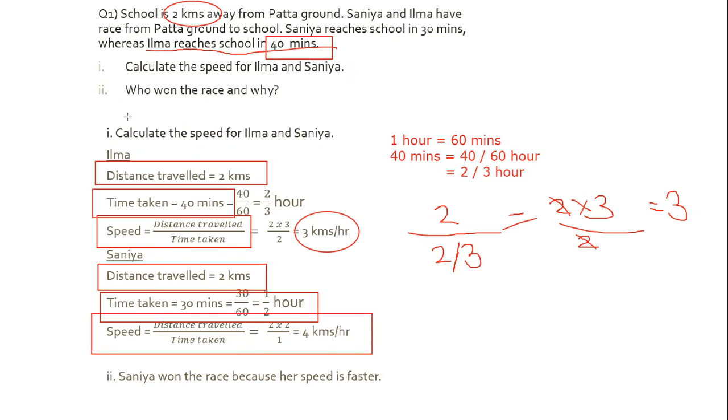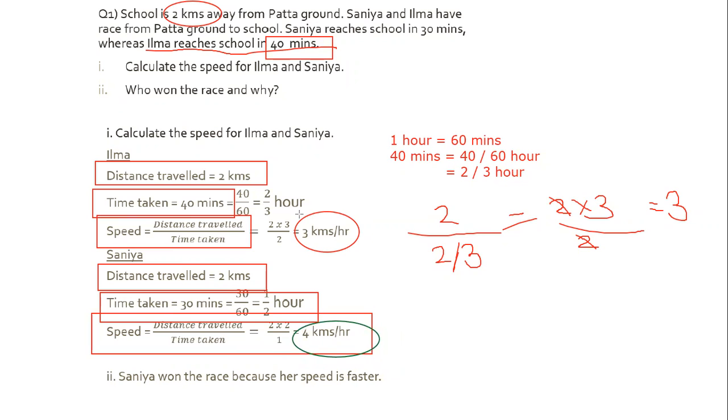The second question is who won the race and why? For this question we will see their speeds. Sania's speed is 4 kilometers per hour and Ilma's speed is 3 kilometers per hour.